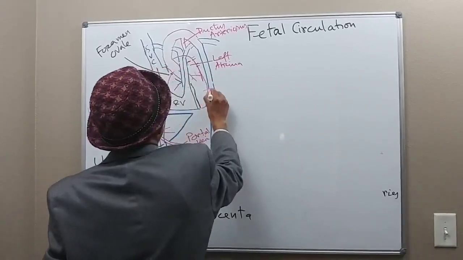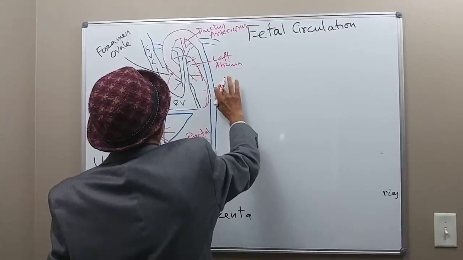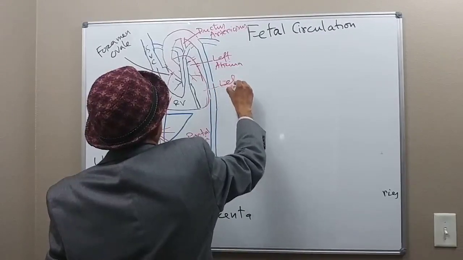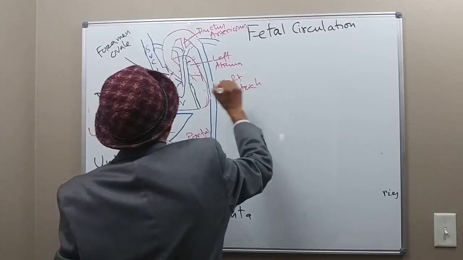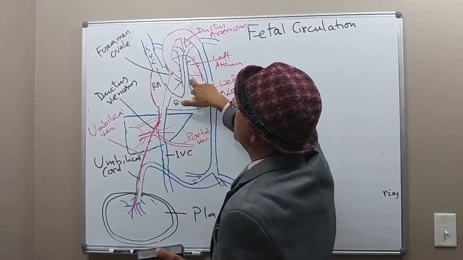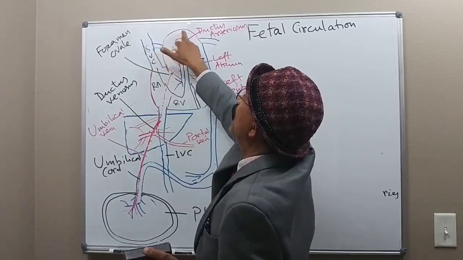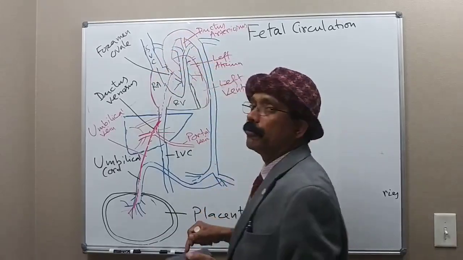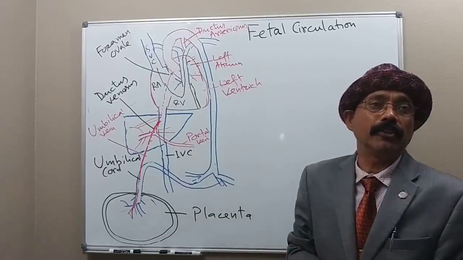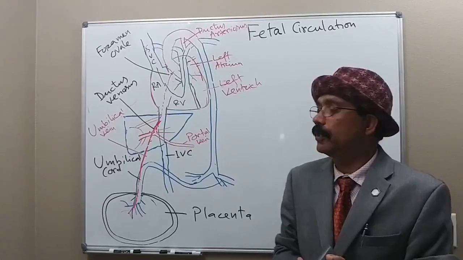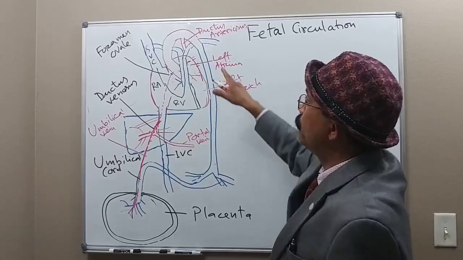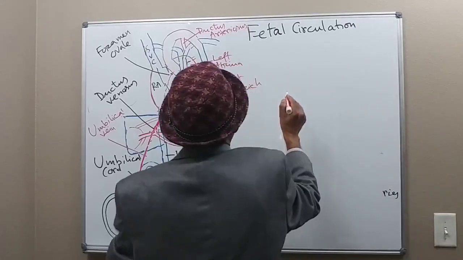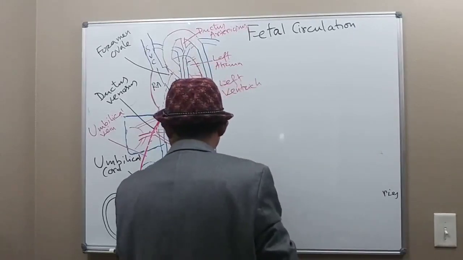This is the left ventricle. From the left ventricle, blood goes through the ascending aorta, arch of the aorta, then to the systemic circulation.